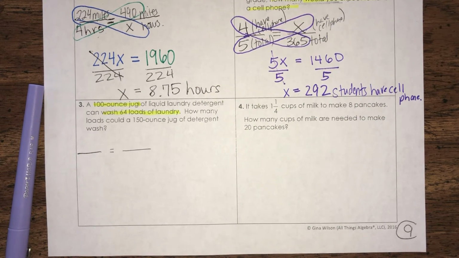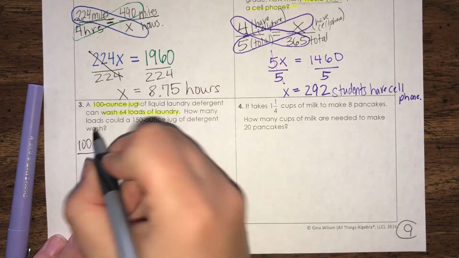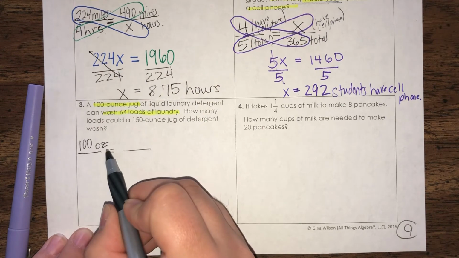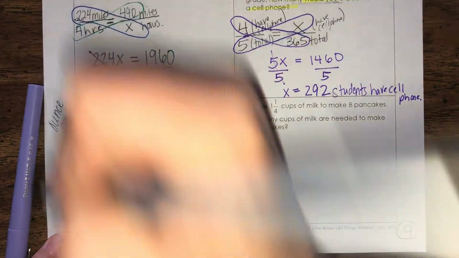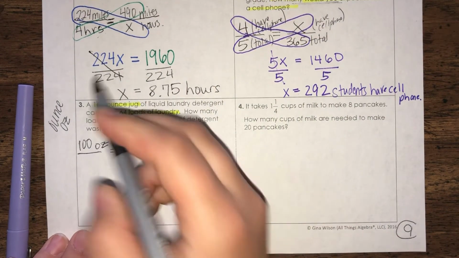If I want to set that up, we have 100 ounces, and the abbreviation for ounces is OZ. So if you may forget that, write it off to the side. And then it also says 64 loads.